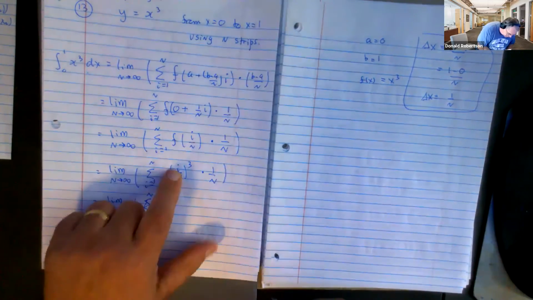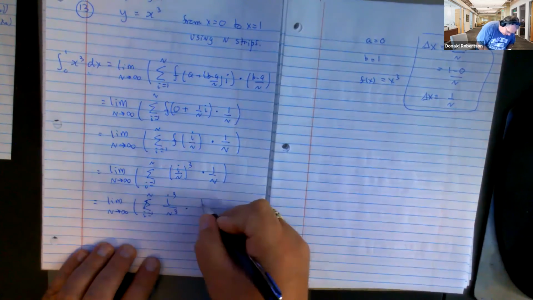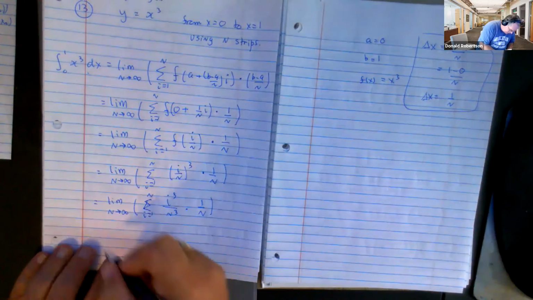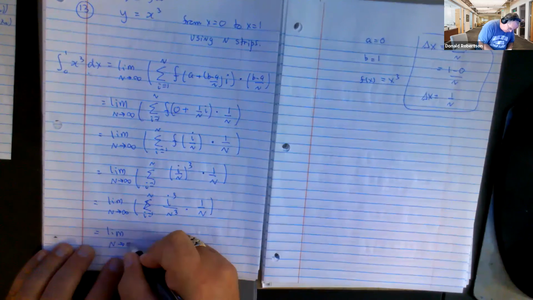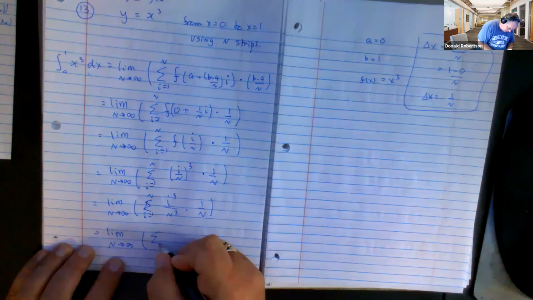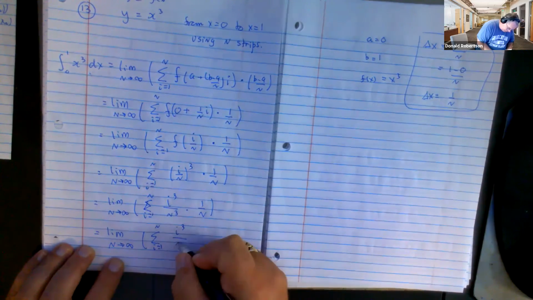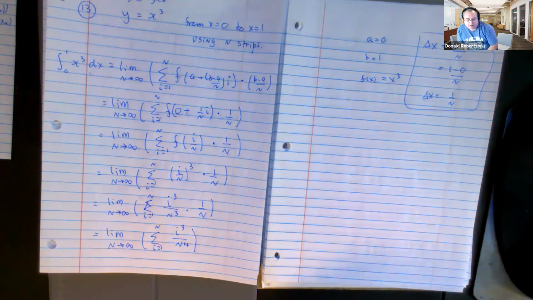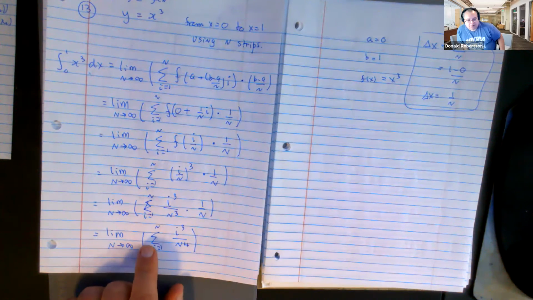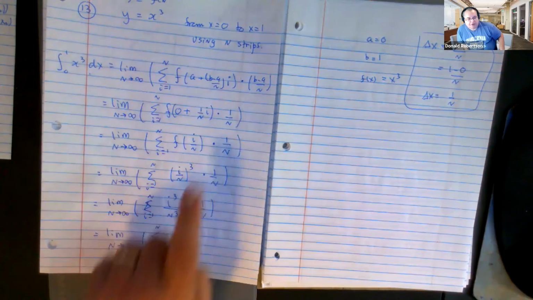That becomes i cubed over n cubed times 1 over n. And then one more line, we get to here. Are you following how we got from y equals x cubed from 0 to 1 using n strips to finding this sum here?